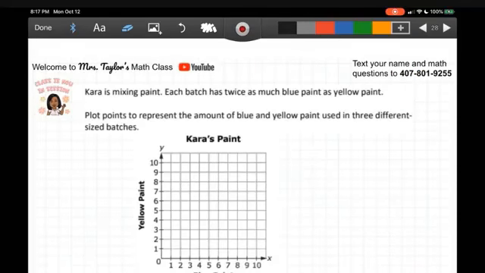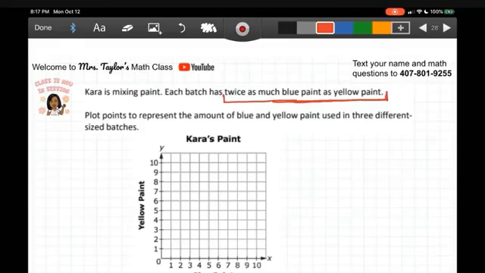Kara is mixing paint. Each batch has twice as much blue paint as yellow paint. Plot points to represent the amount of blue and yellow paint used in 3 different size batches. Okay, so here's the meat of this question: twice as much blue paint as yellow paint.